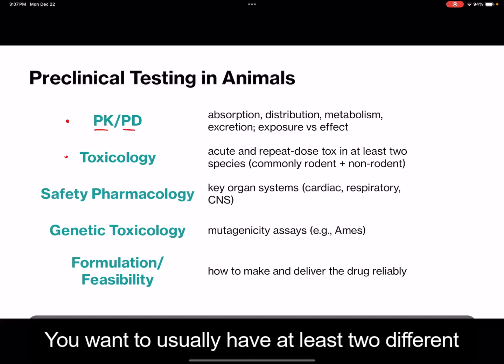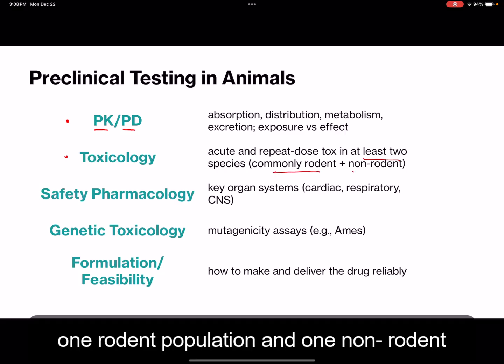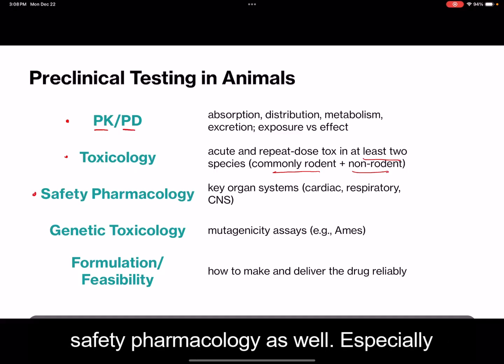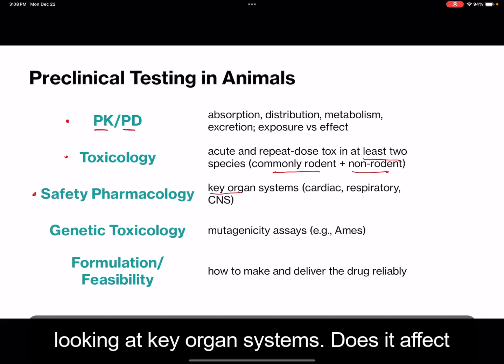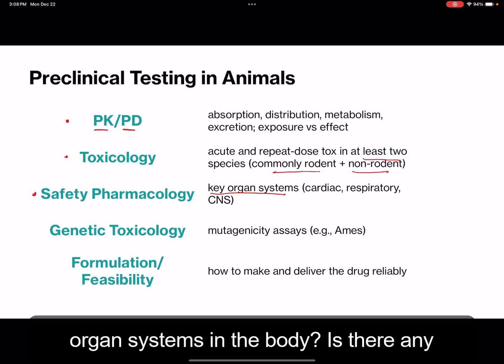You want to usually have at least 2 different species that you're testing the drug in. Maybe one a rodent population and one a non-rodent population. And then you want to look at the safety pharmacology as well, especially looking at key organ systems. Is it cardiotoxic? Does it affect lungs or the central nervous system or other organ systems in the body?